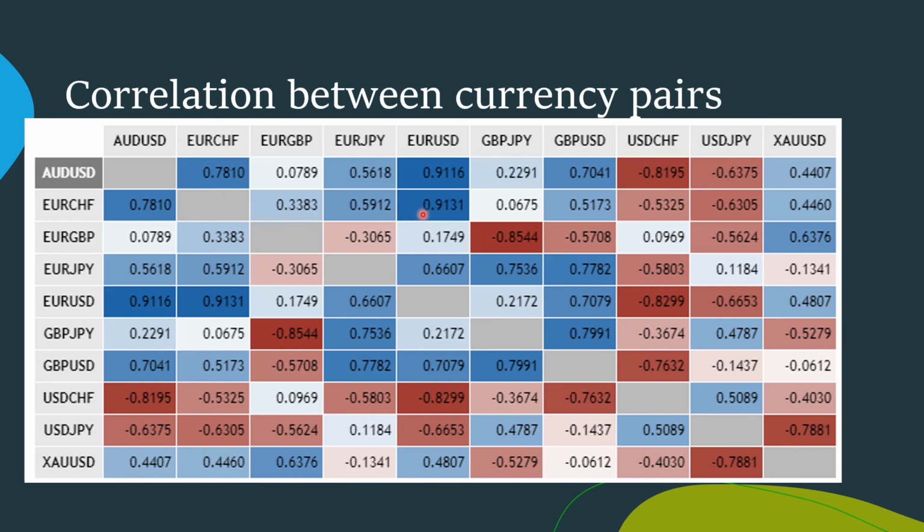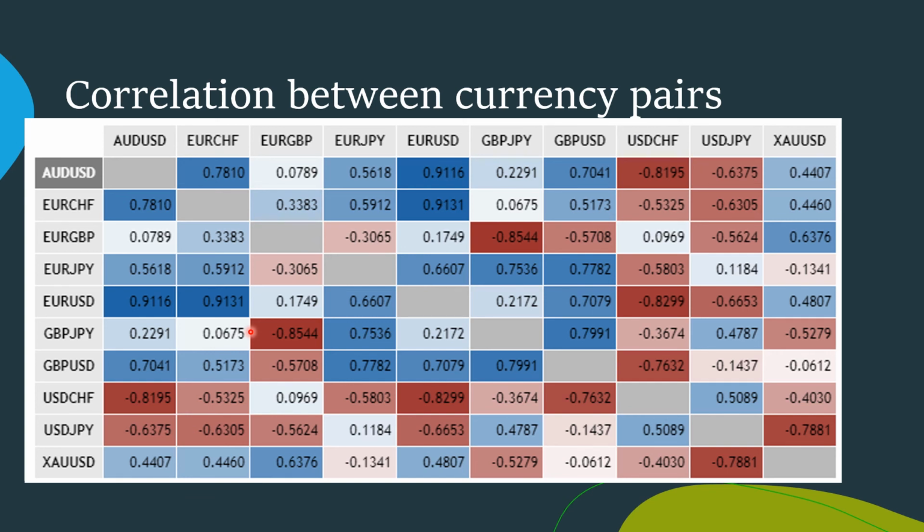As you can see here, they have a very strong positive correlation of 0.9131. And if you look at the Japanese yen to the euro and the euro to the pound, you will see that they have a very strong negative correlation of minus 0.8544.